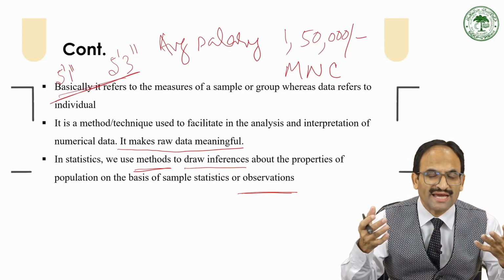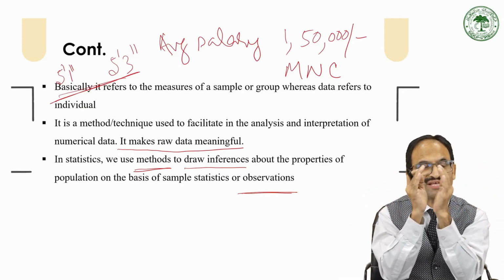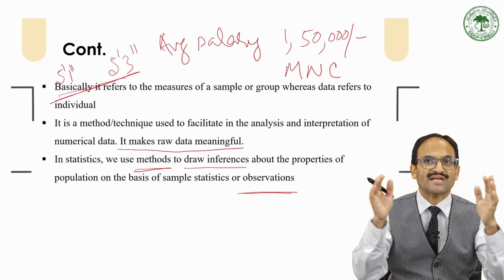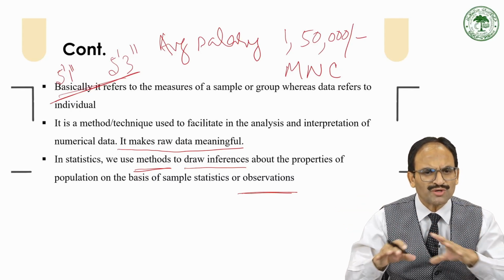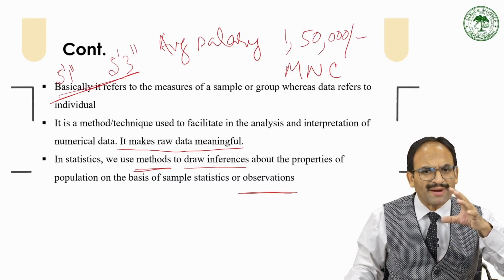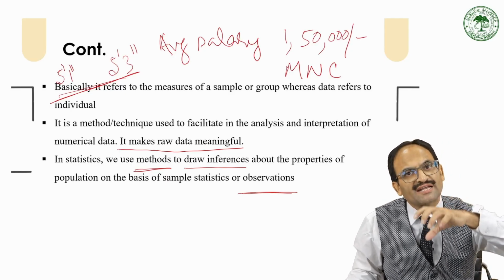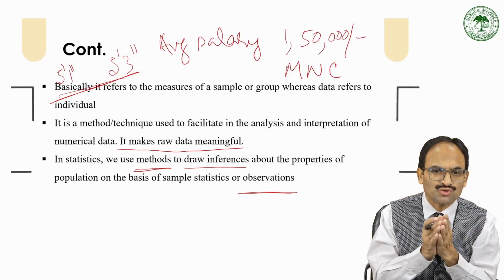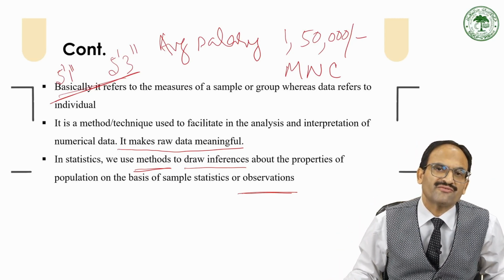Sometimes we apply a t-test, particularly if there are two groups, and sometimes we use analysis of variance, particularly if there are more than two groups. Depending on our purpose and the nature of the data collected, we use many methods, and on the basis of those methods we draw inferences.